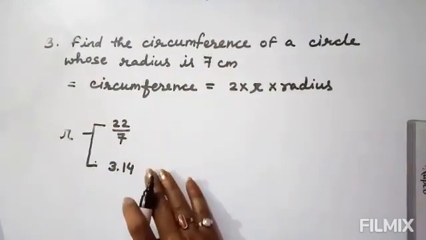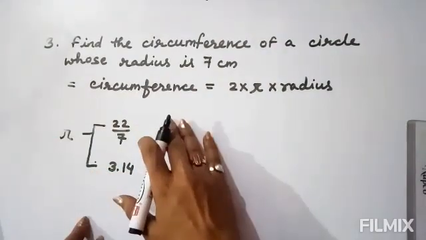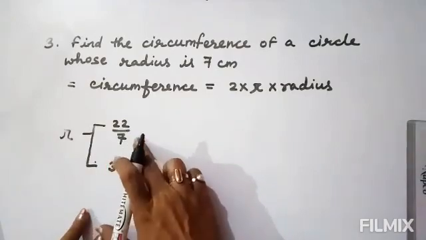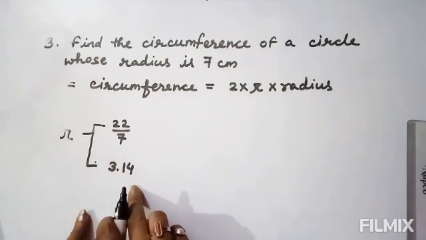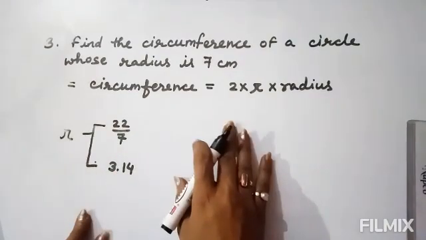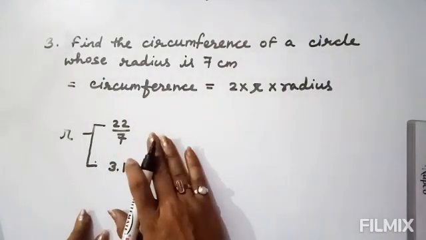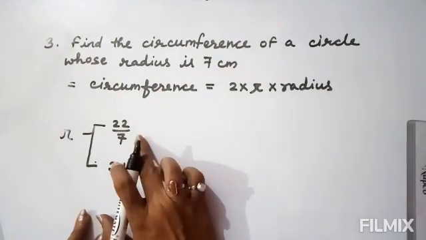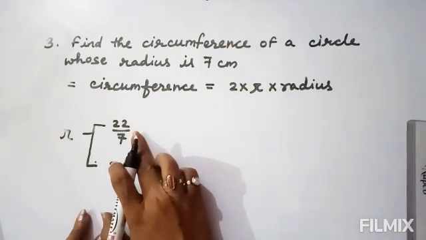So we will write the value of pi as per what the question asks. Sometimes the question asks to take the value of pi as 22 upon 7 and sometimes the question asks for 3.14. The value of pi needs to be put in the formula to solve the question. So that will depend on the question. Here in this question I am going to solve with the value of pi 22 upon 7. Let's do that.